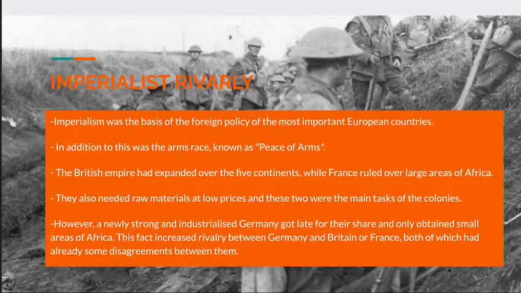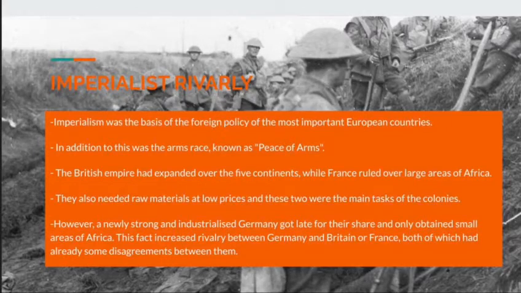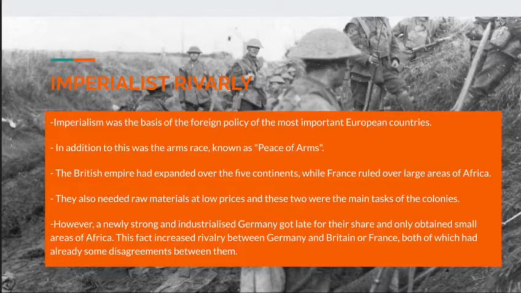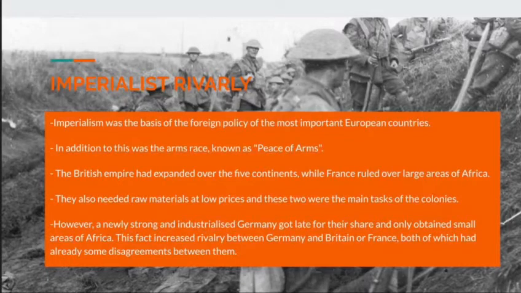They also needed raw materials at low prices, and these two were the main task of the colonies. However, a newly strong and industrialized Germany got there late for its share and only obtained small areas of Africa. This fact increased rivalry between Germany and Britain or France, both of which already had some disagreements between them.